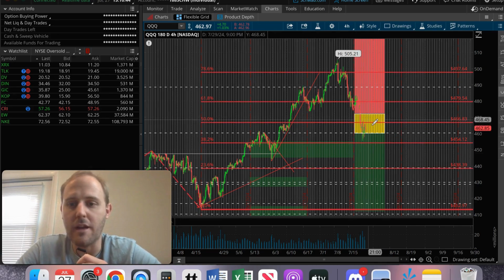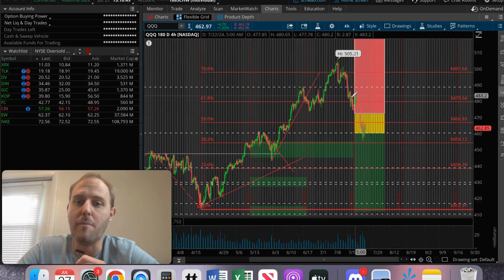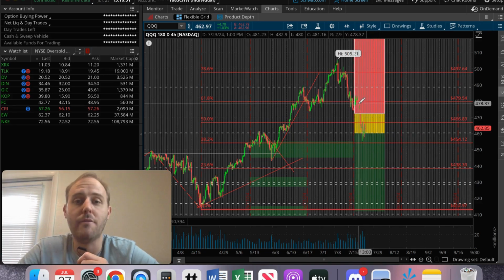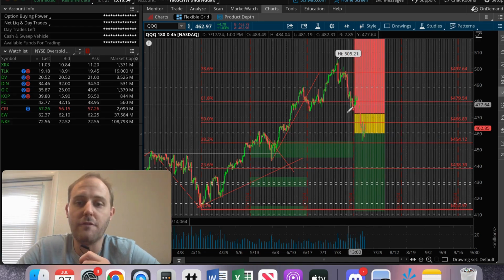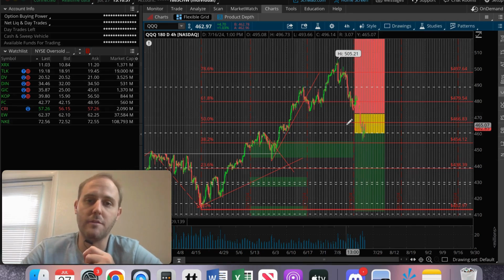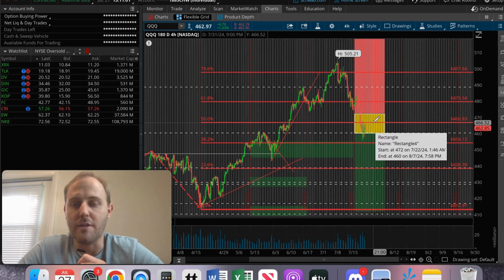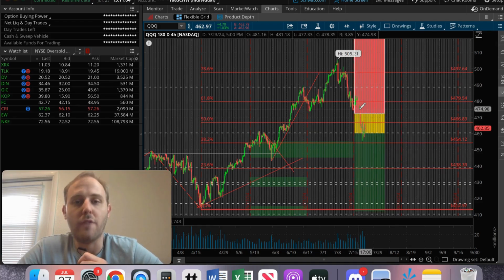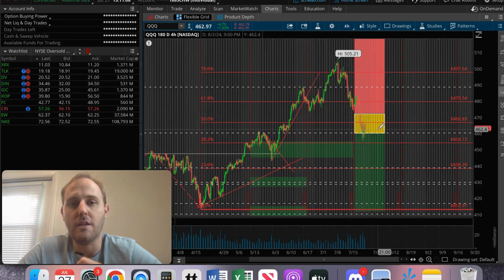Well, this is a good entry point right here, in my opinion, or an even better entry point might be when we retest this type of an area around this 480. Using the Fibonacci levels is something that I've found has been valuable to me, but I would say wait for a retest of an area in order to figure out if price is going to continue lower, and then you can place a trade like this above the current price.